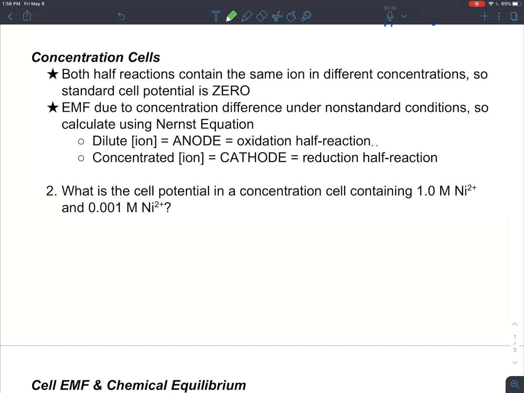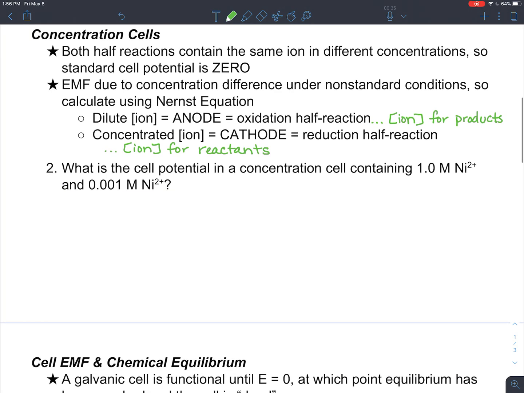When we are considering this, one thing to look at is that the concentration of the ion in the anode is going to be for the products, and the concentration of the ion in the cathode is going to be for the reactants, when we're looking at those cell potentials.